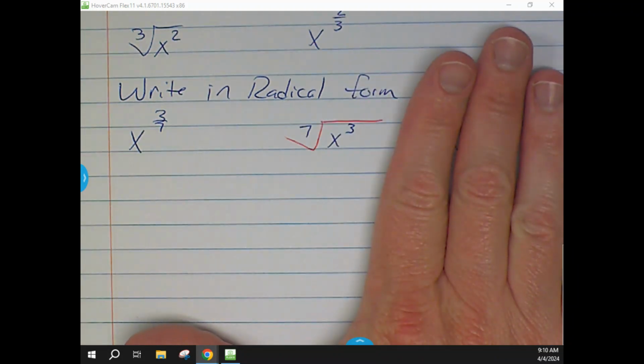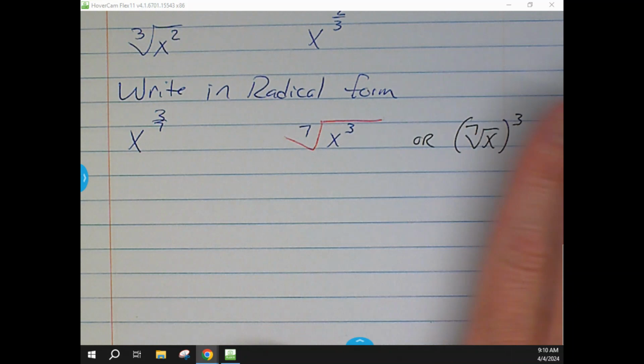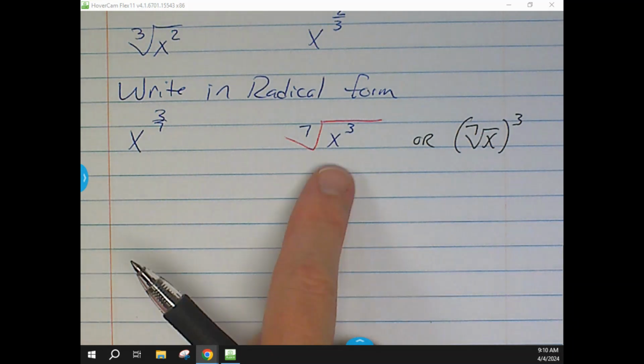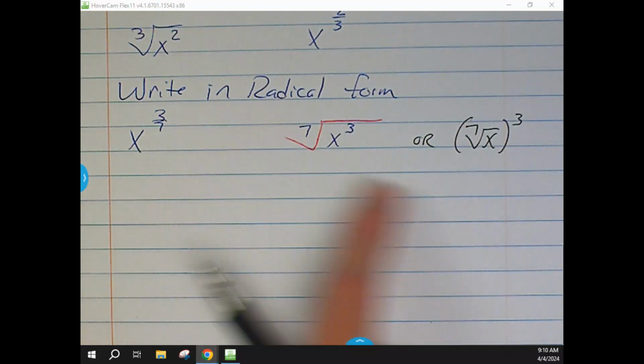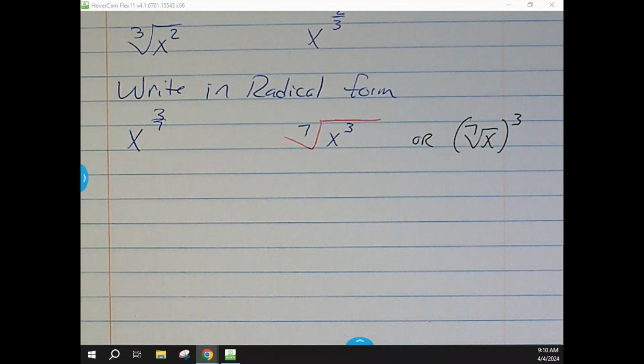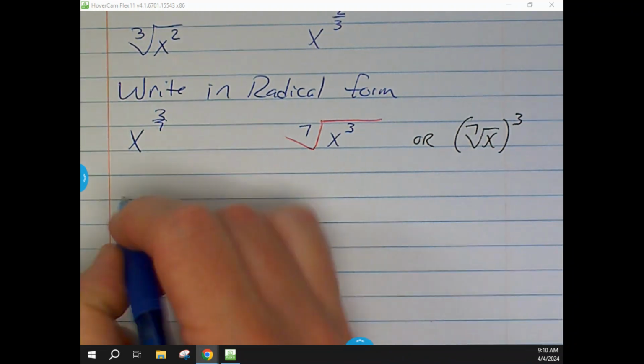Tomorrow when we're solving it, you probably more want to think about that you'll do the root part of it first, and then you can take the root part and then do it to the 3rd power. But you can kind of go either way. You can do x to the 3rd and take the 7th root of it, or you can take the 7th root of it and then do that to the 3rd power. So just be on your toes that we can go either way there.